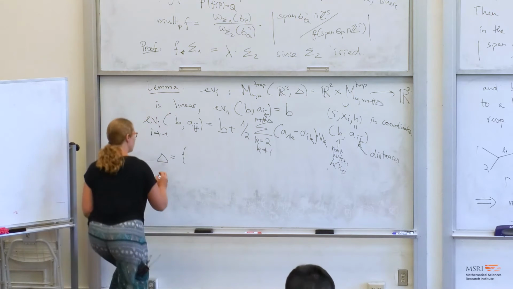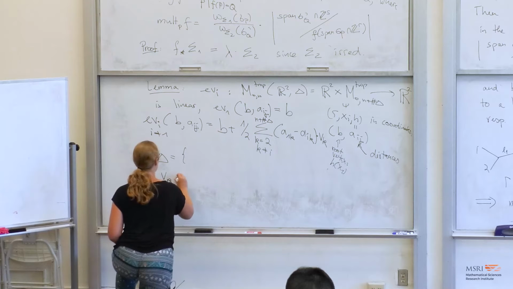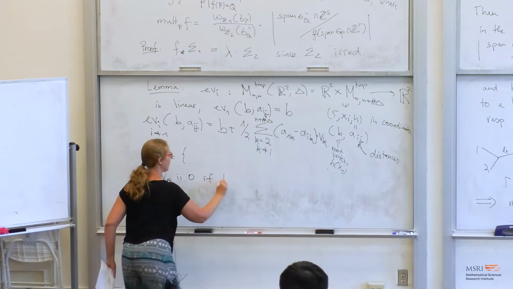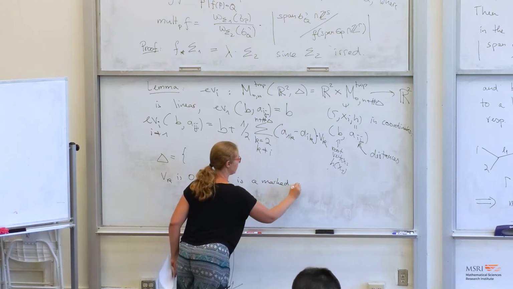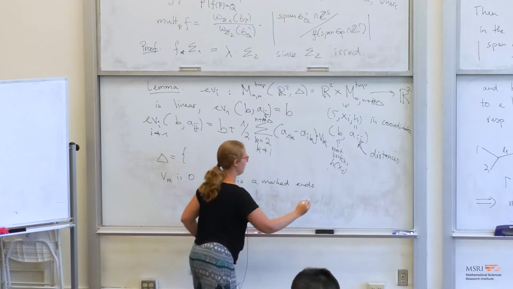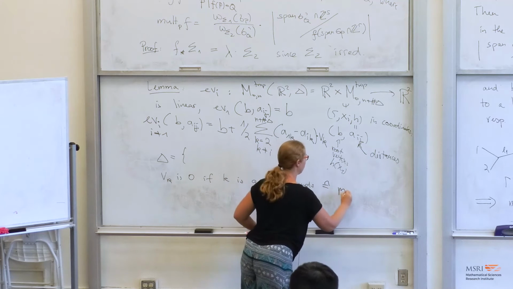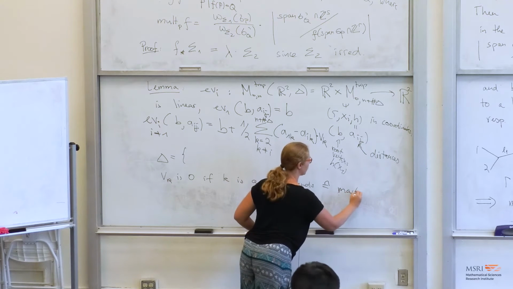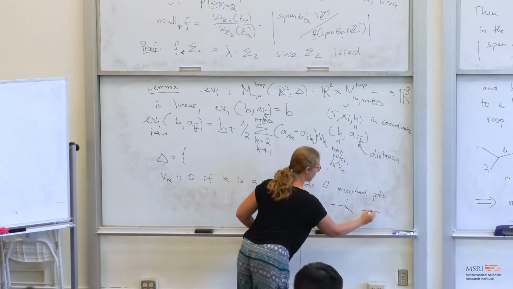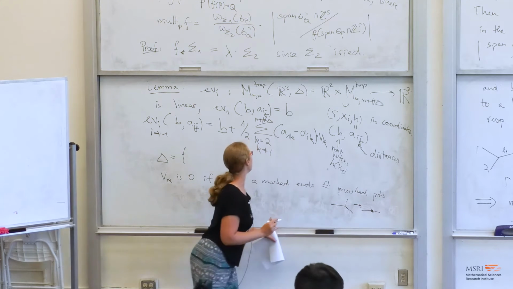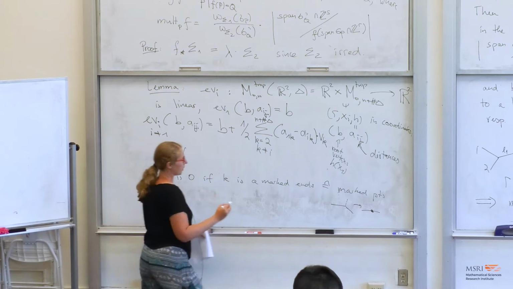Let me put it differently. vk is 0 if k is a marked end, because marked ends are contracted. Marked ends we view as marked points, those guys that get contracted to just a point. Then vk is 0, of course.